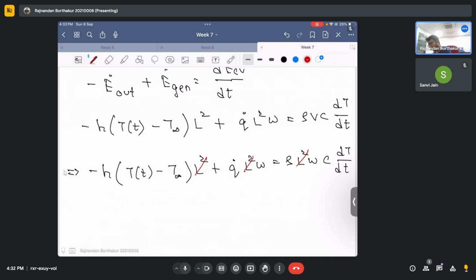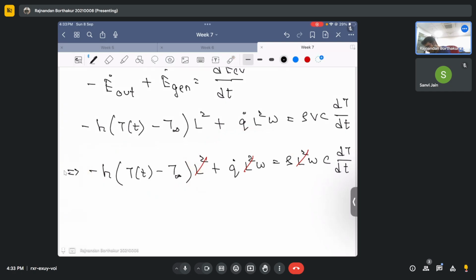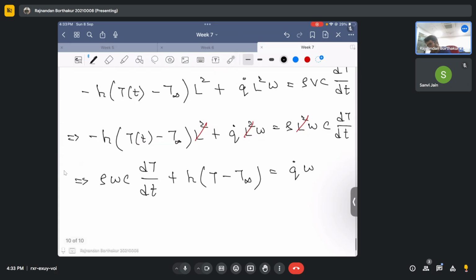And I'll just take this term to this side so that it becomes rho times W C into dT by dt plus h times T minus T infinity, which is equal to q dot times W.